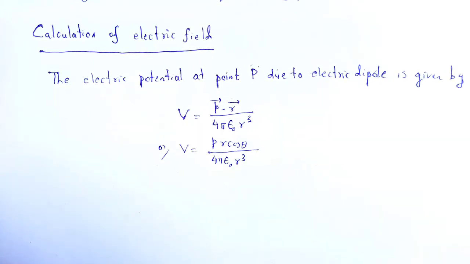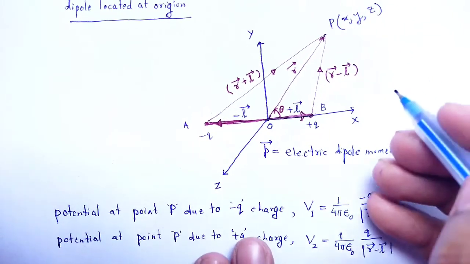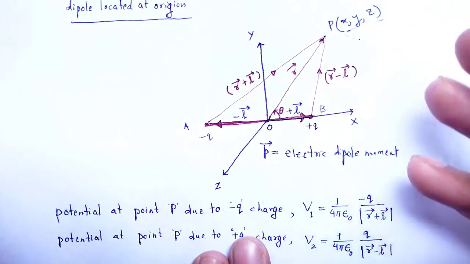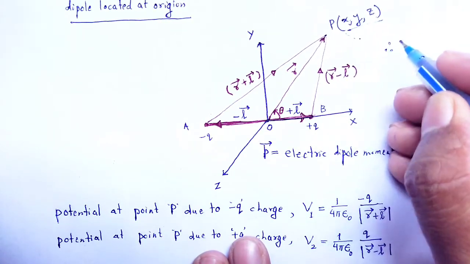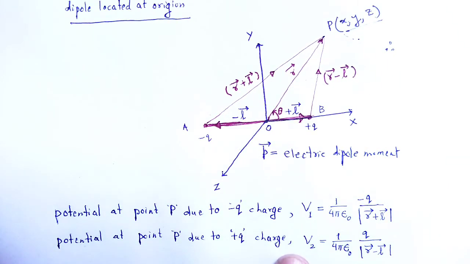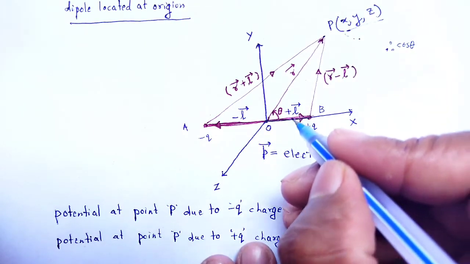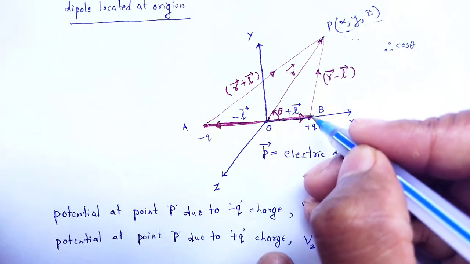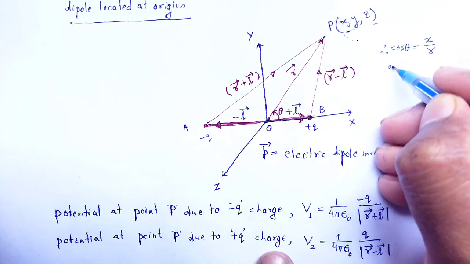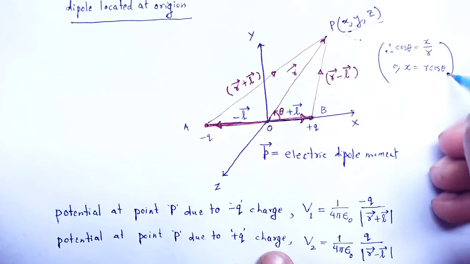Here R cos theta, look at that figure, as we take the coordinate of point P to be x, y, z, therefore cos theta will be x divided by R, or x is equal to R cos theta.